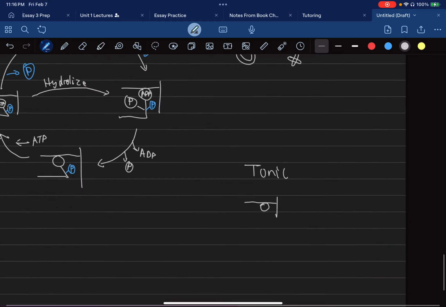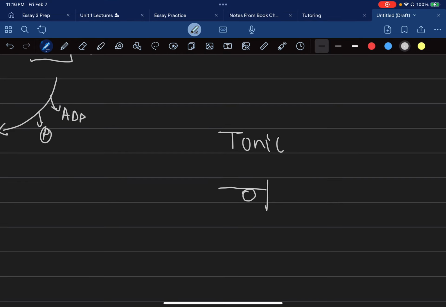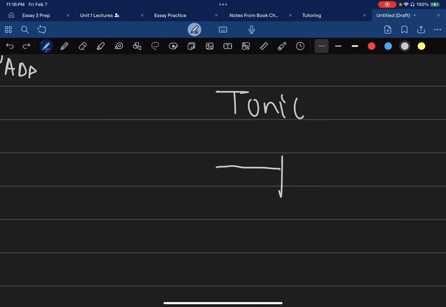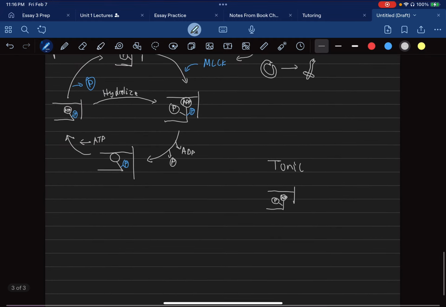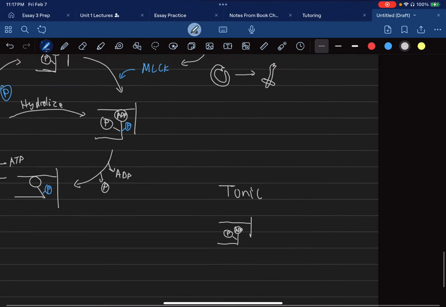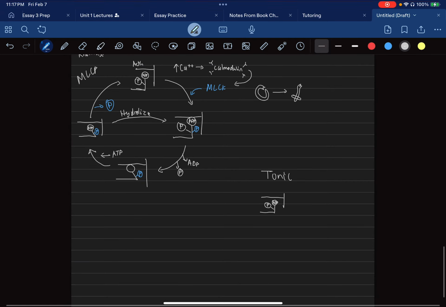So we're going to start here, with our ADP, our phosphate group, and we're going to have the same first step as before. So the MLCK is going to come in.